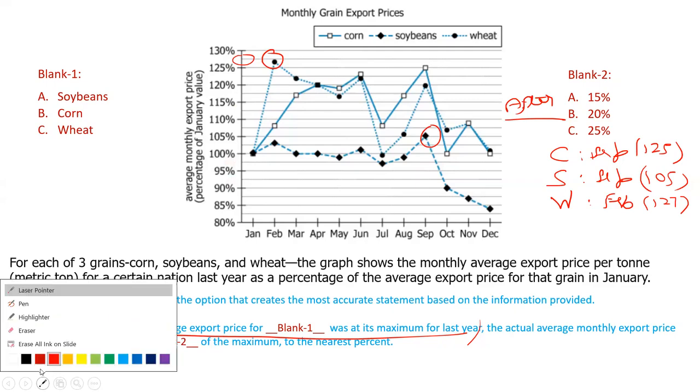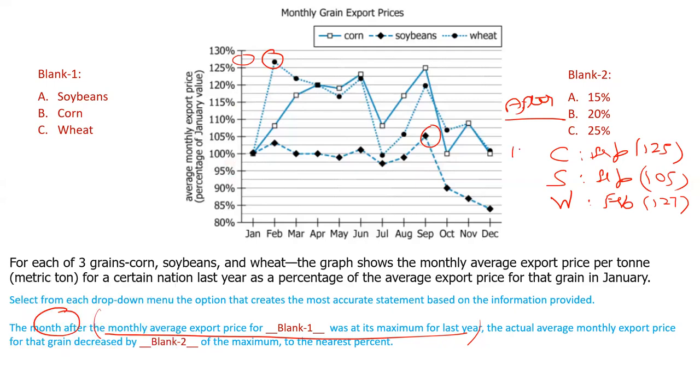Agreed? So let me write it as 100. What's the price of soya bean? Again, the month after would be October. Soya bean in October would be how much? 90. So soya bean is 90.